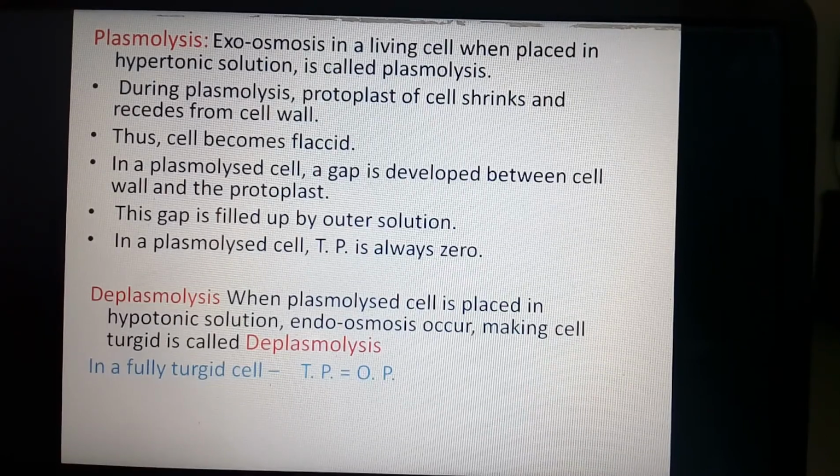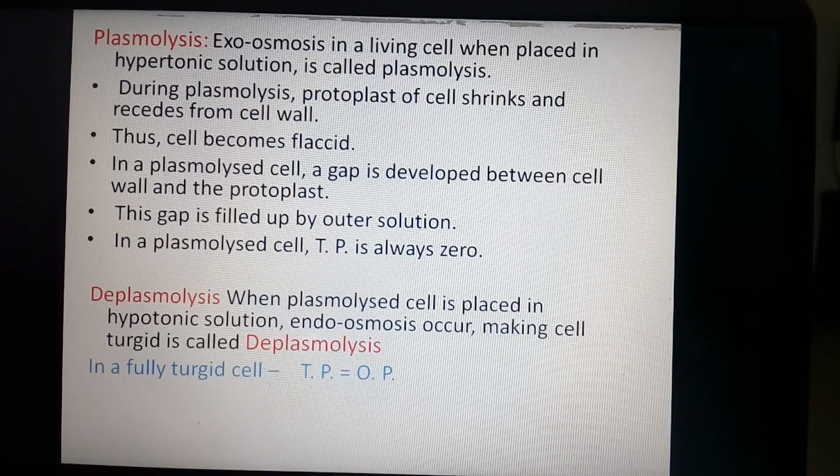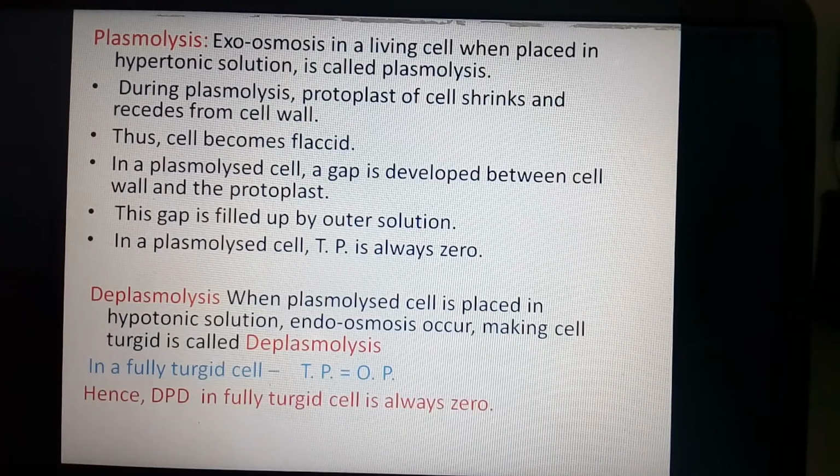In a fully turgid cell, turgor pressure is equal to osmotic pressure, which we previously discussed as diffusion pressure deficit. So DPD of a fully turgid cell is 0, as DPD is equal to osmotic pressure minus turgor pressure.